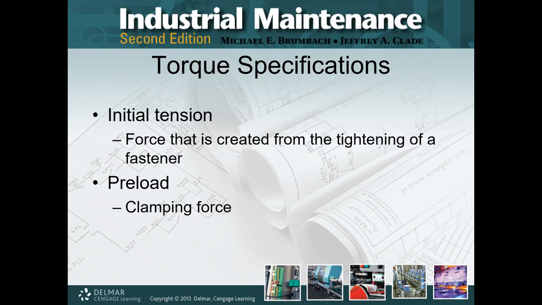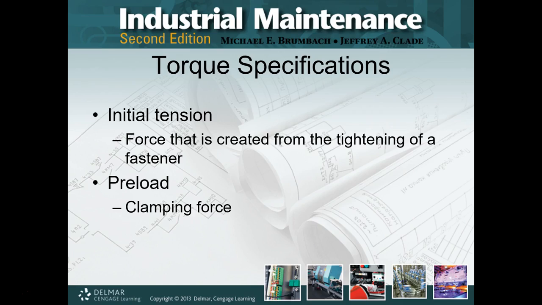And all we're trying to do is make sure that we have enough force inside that fastener that we're keeping our two pieces of material, our two parts of a machine, together regardless of the operating conditions going on in the machine. That's all we're trying to do.